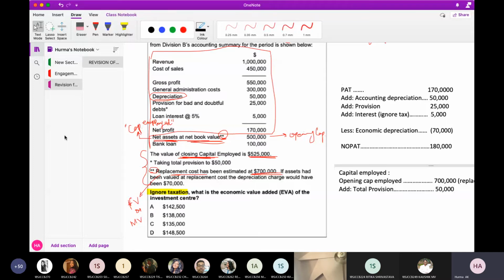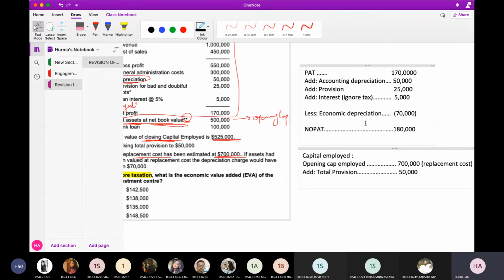When you use the first formula, total assets minus current liabilities, where do provisions come? Where do we usually show provisions in the balance sheet? We show them under current liabilities. Is it not assets? It is current liabilities, right? So because it's already deducted there, we will have to add it back to increase our capital employed.